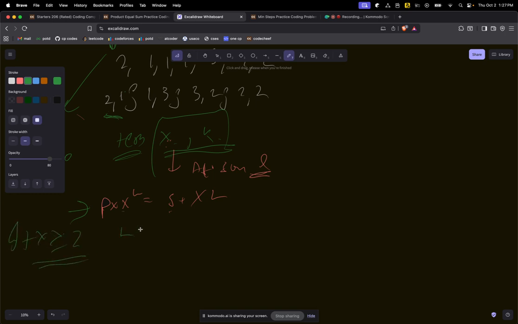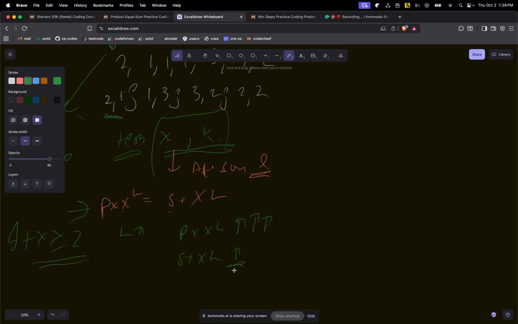I will say that on increasing my L, my P into x^L would increase very, very large, and my sum plus x^L would become large but not as large. And my product is always greater than or equal to my sum. At any point, my product would be greater than or equal to sum.